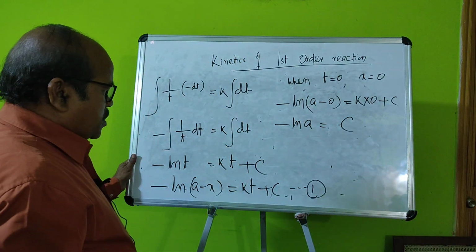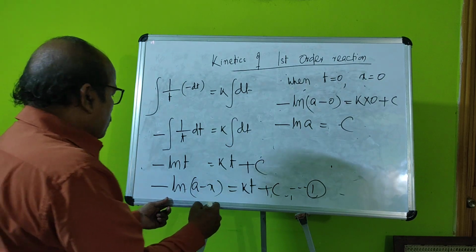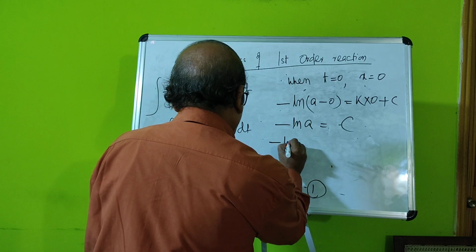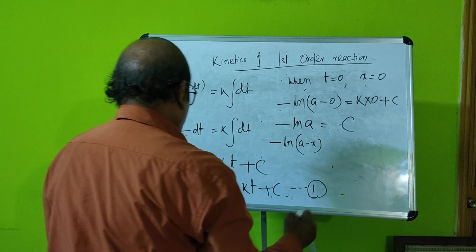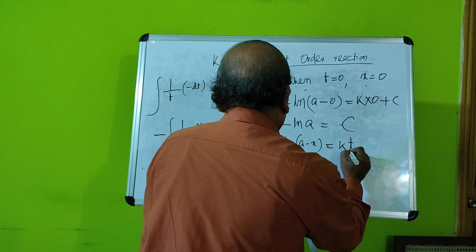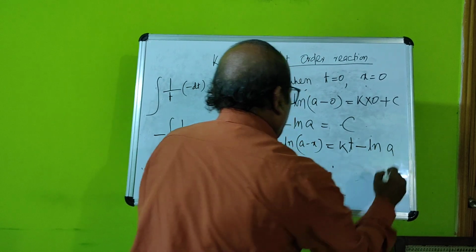Now we got the value of c. This value of c I am putting in equation number 1. Minus ln a minus x is equal to kt minus ln a.